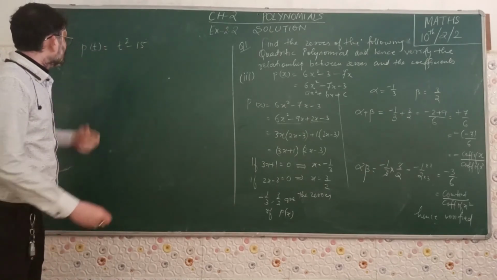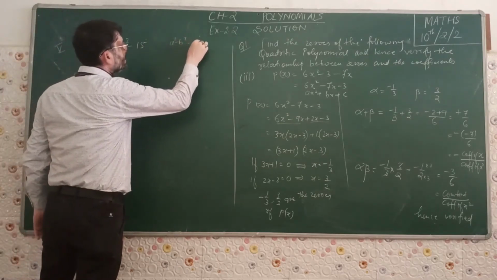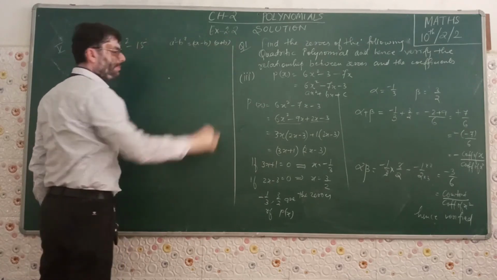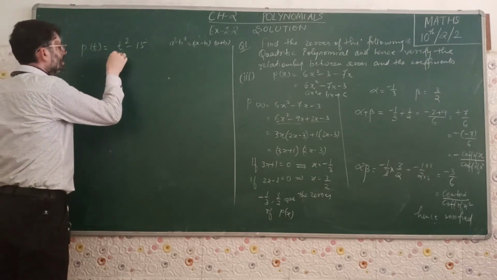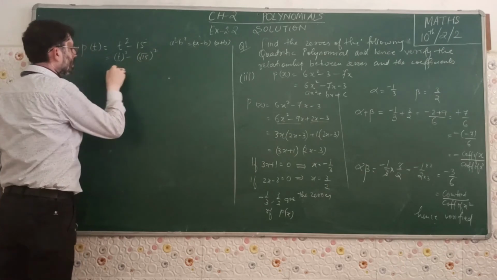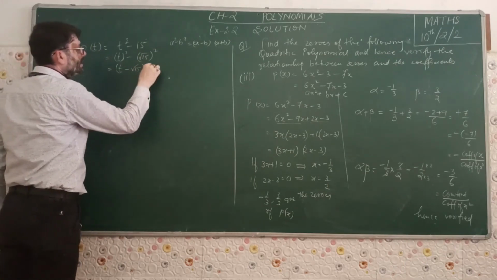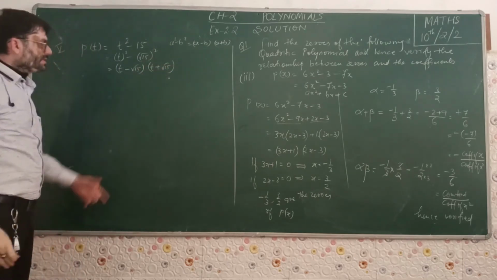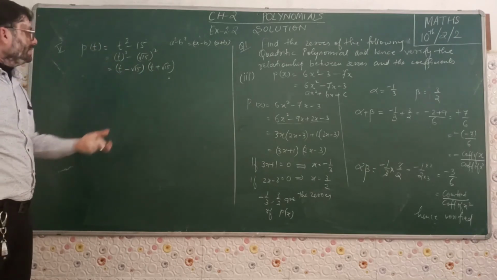So this can be solved by the identity a squared minus b squared is a minus b into a plus b. This can be written as t squared minus root under 15 whole squared, and this can be written as t minus root under 15 and t plus root under 15.